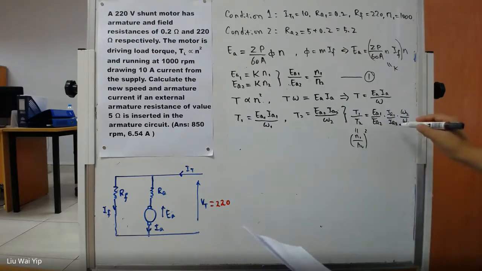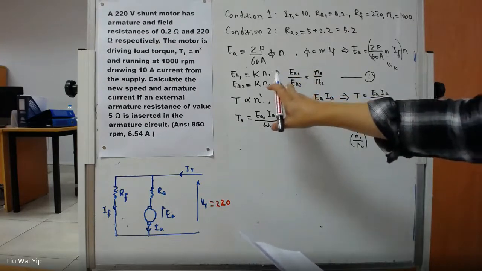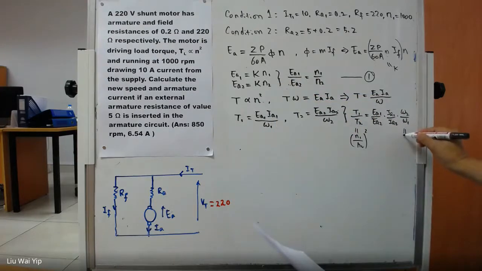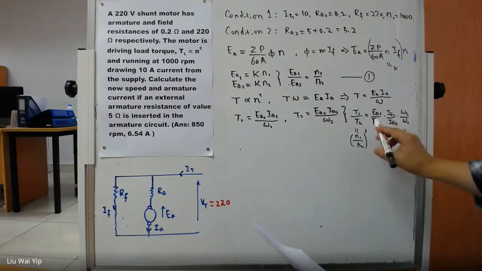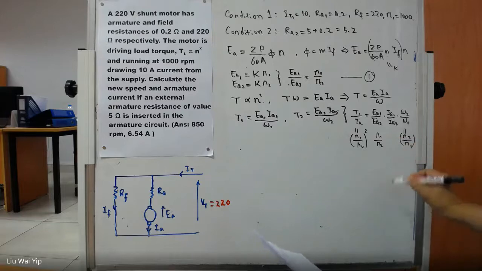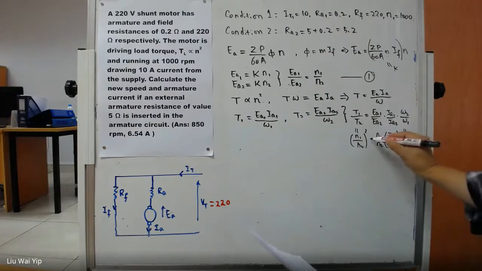And how about this one? According to here, this one is actually N2 divided by N1, okay? And this one, according to here, is N1 over N2, okay? So now we have left IA2 and squared.